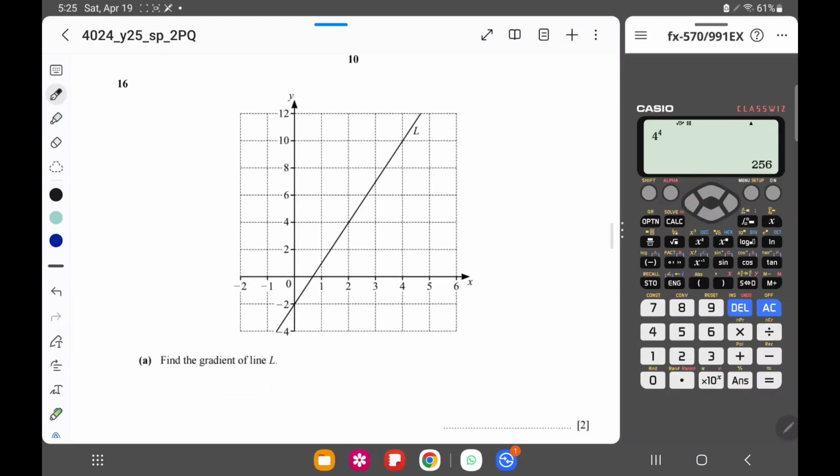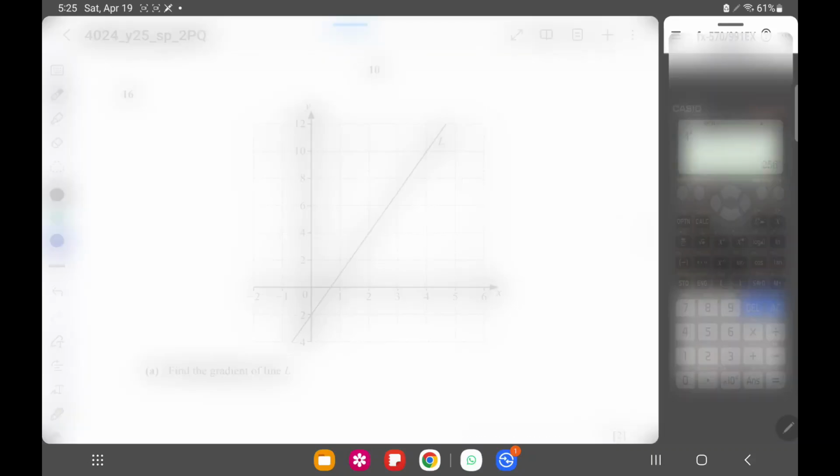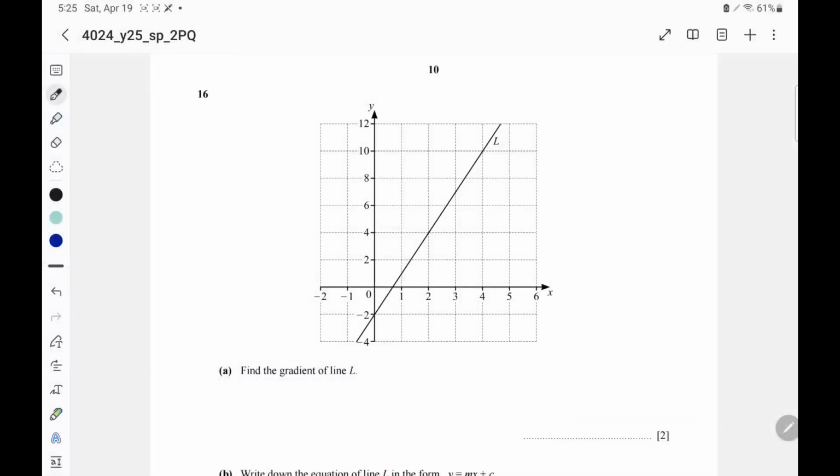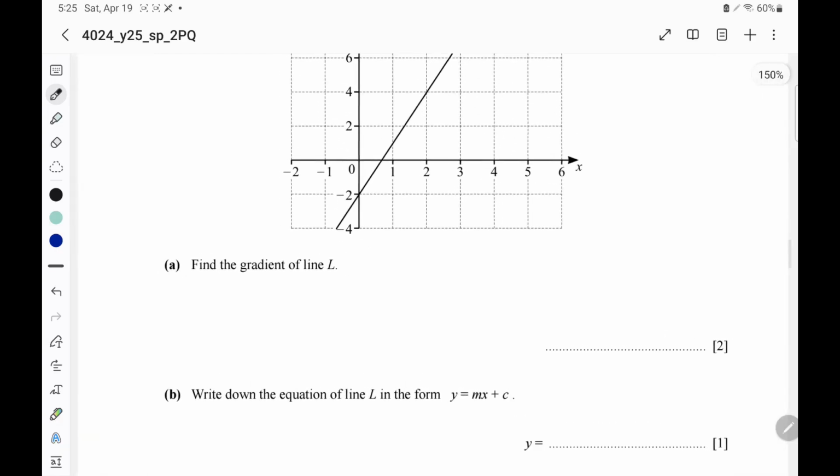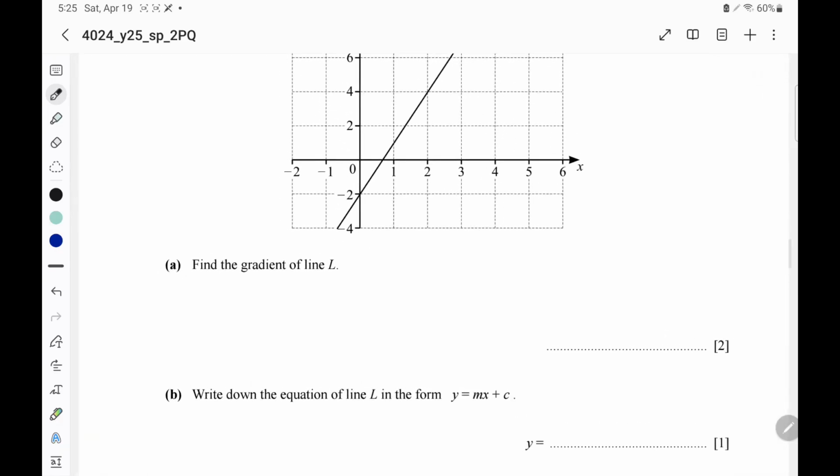Okay, now question number 16. In this question, a line L is already drawn. Find the gradient of the line L. So just take 2 coordinates, either by rise over run. It's 2 marks question, so I'm taking the coordinates and then using the formula of the gradient.